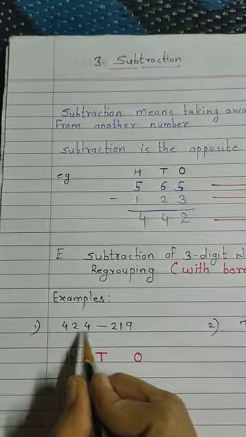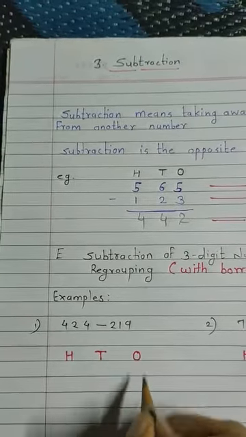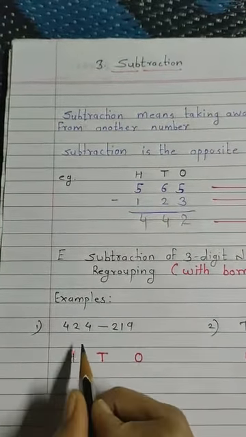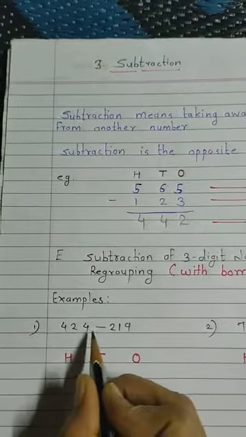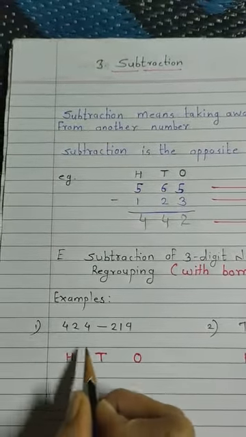First we will arrange the given example in the form of columns. I have taken 3 columns as there are 3 digits: ones, tens and hundreds. We always start from ones.